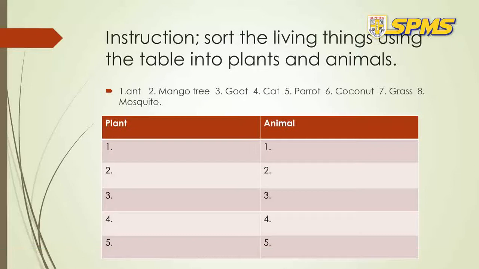The first one, we have ant, mango tree, goat, cat, parrot, coconut, grass, and mosquito. You put them in their respective places. Is it an animal or a plant? So you do this exercise for me.